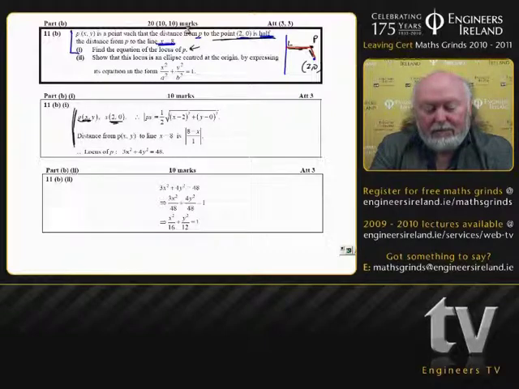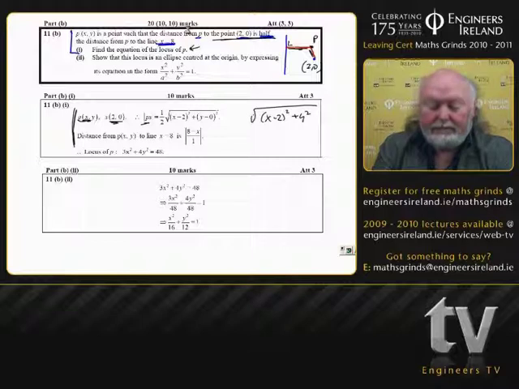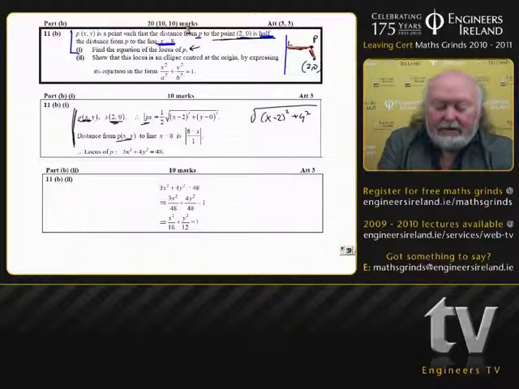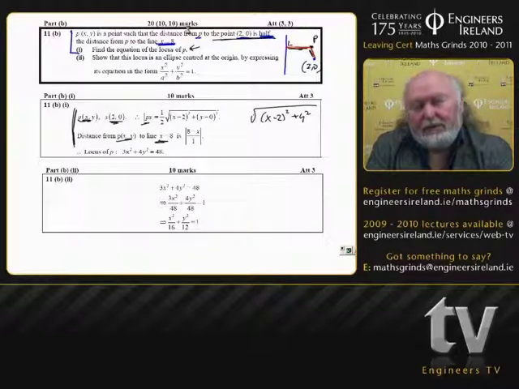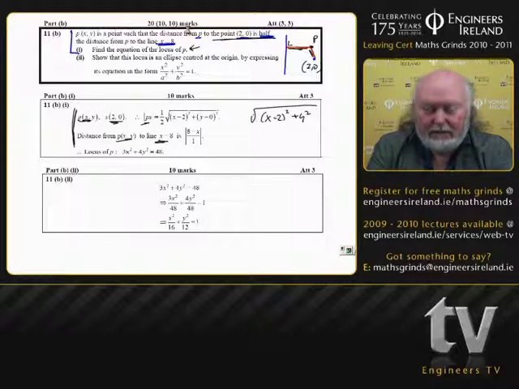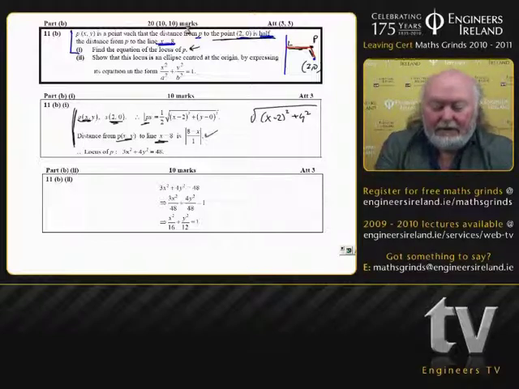What can we say? The distance from P to the point is the square root of x minus 2 squared plus y squared. The distance from the point to the line, we use the ax1 plus by1 plus c all over the square root of a squared plus b squared, and we get that.